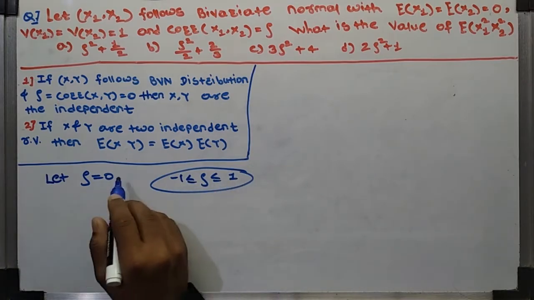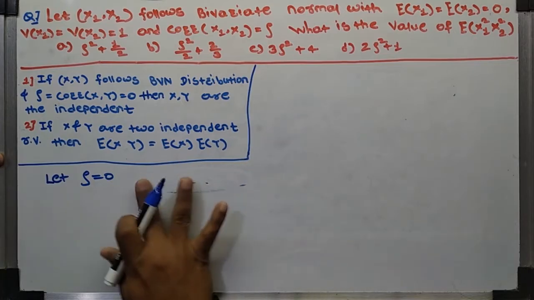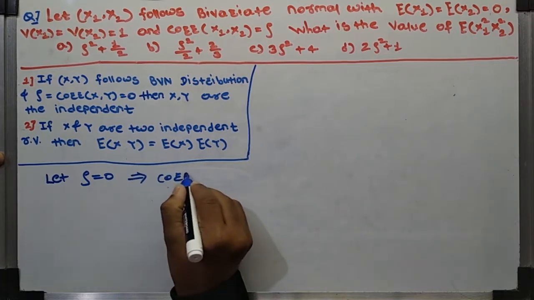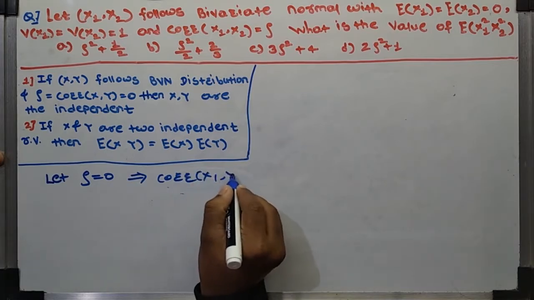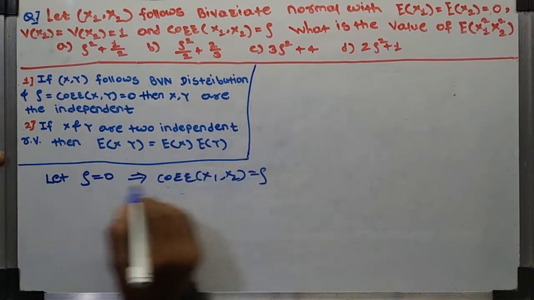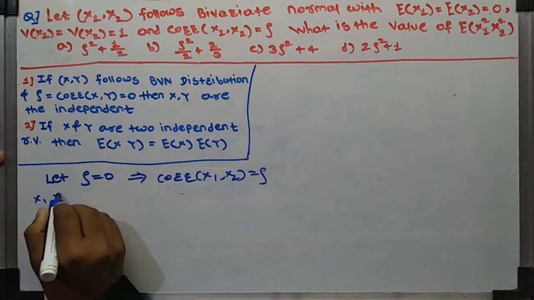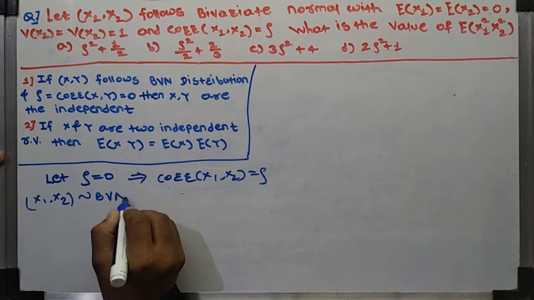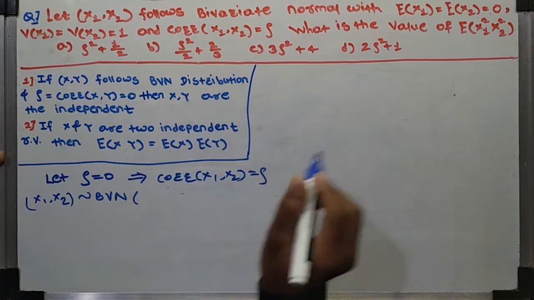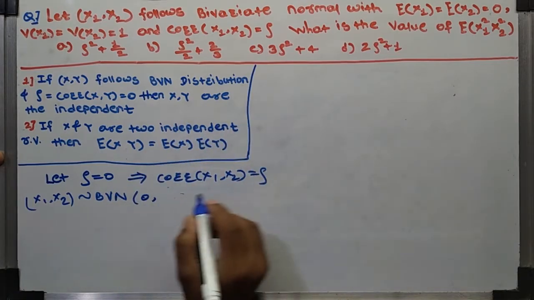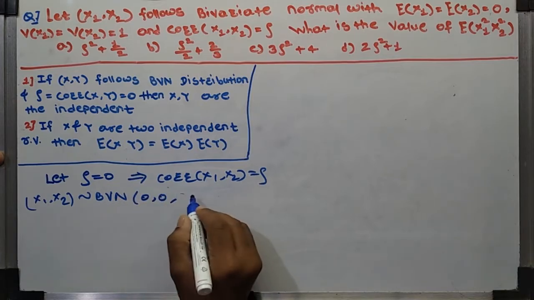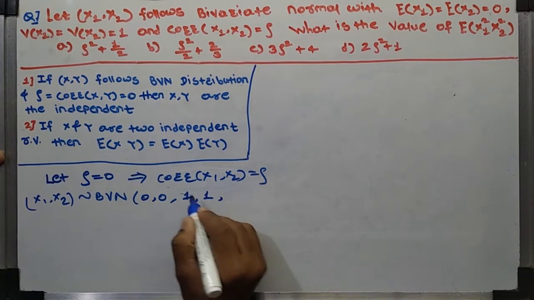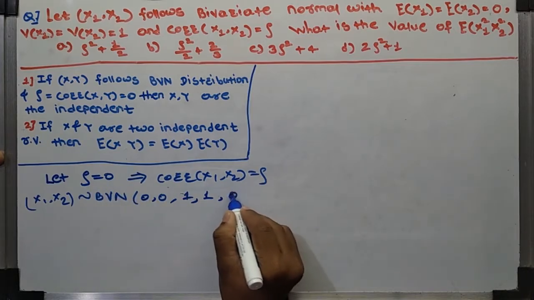So we assume that rho is equal to 0. This implies that the correlation between X1, X2 is rho, and X1, X2 follows a bivariate normal distribution with parameters mu1 is 0, mu2 is 0, variance of X1 is 1 and variance of X2 is 1, and correlation we assume is 0.